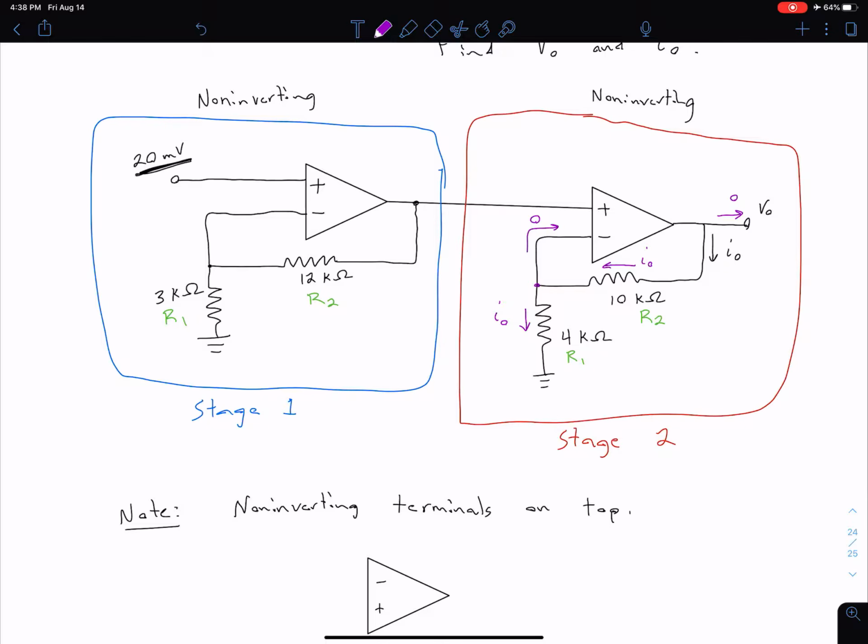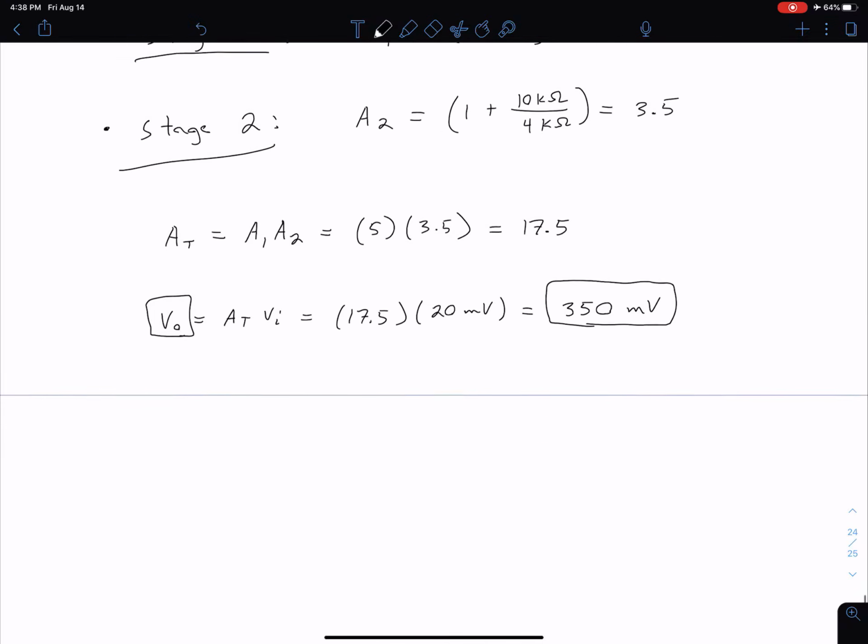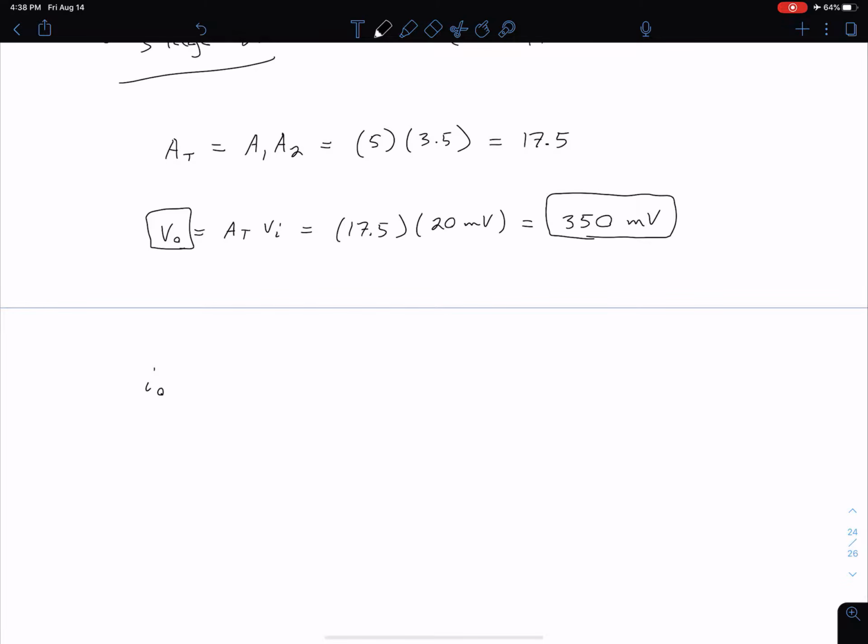We also have our voltage V naught. We know it's positive at this point, and we know that's referenced to ground. So we have our V naught, which is across the series combination of the 10K and 4K ohm resistors. So essentially we can just use Ohm's law here. We're going to say our I naught is equal to the voltage V naught divided by the total resistance, which was that combination of 10K and 4K.